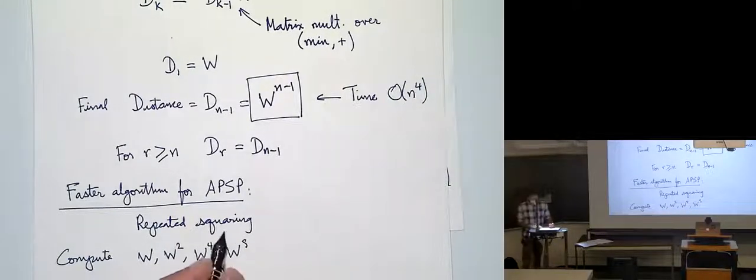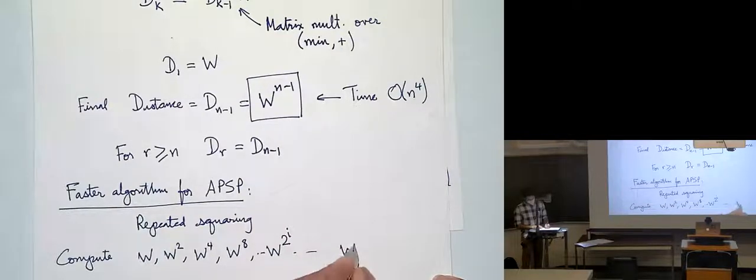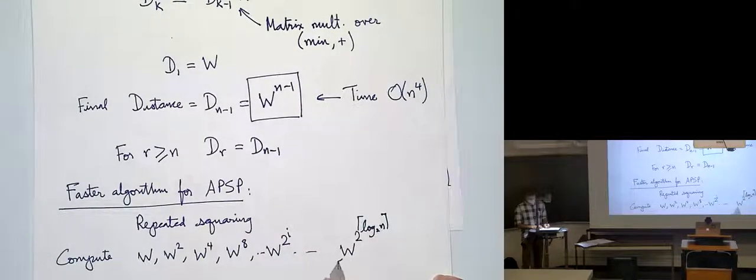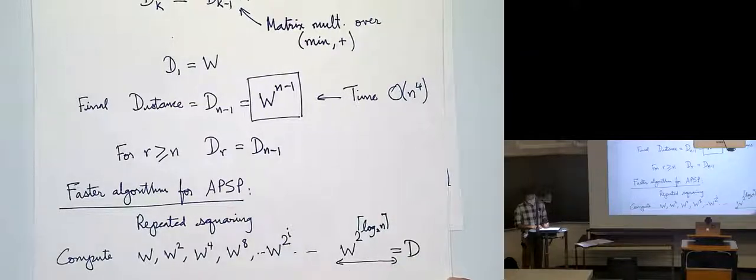You keep squaring it, doubling the exponent, w to the 2^i, until at some point you get to 2 to the ceiling of log base 2 of n, and this is going to be equal to your distance matrix. Does this make sense?